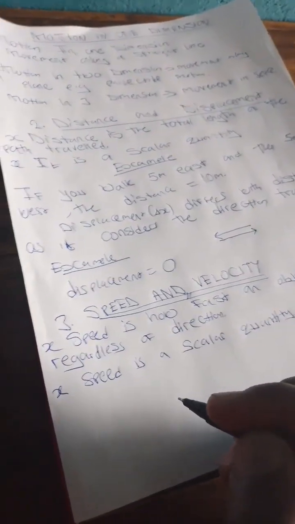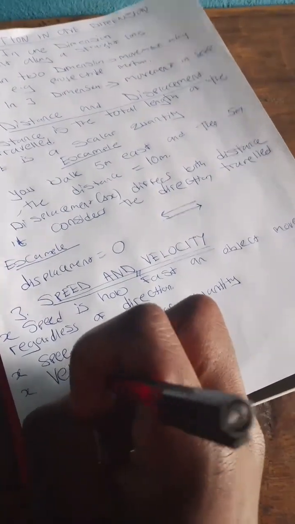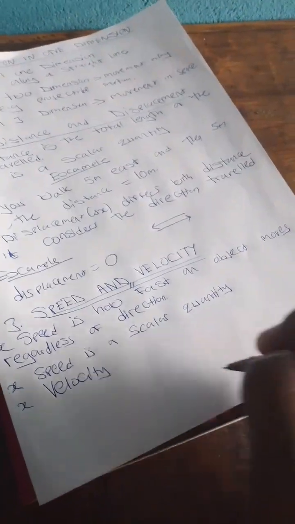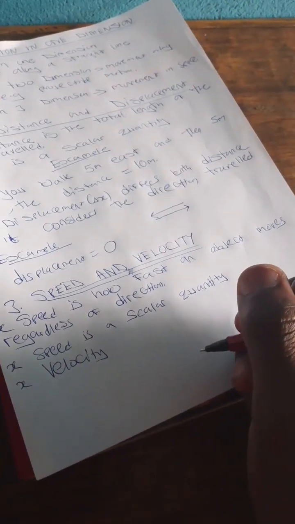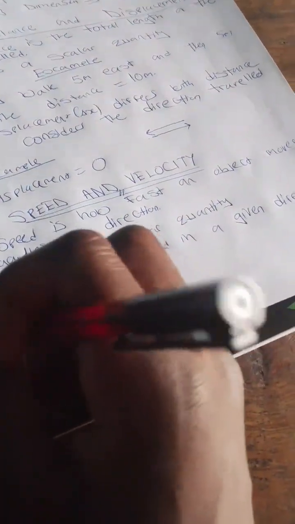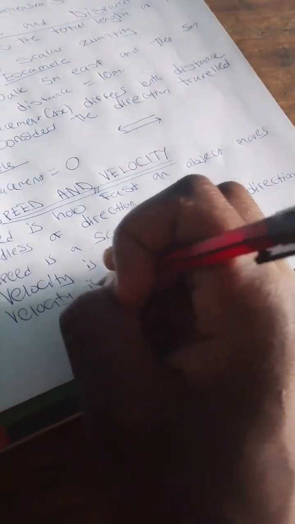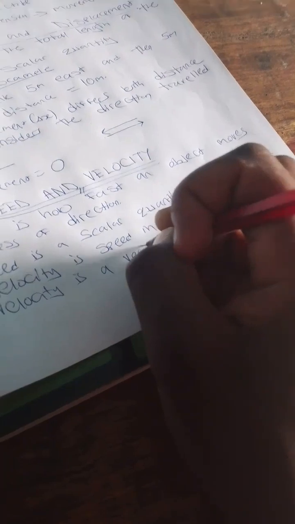Then what about velocity? Velocity is just speed in a given direction. As we know, velocity is a vector quantity, guys.